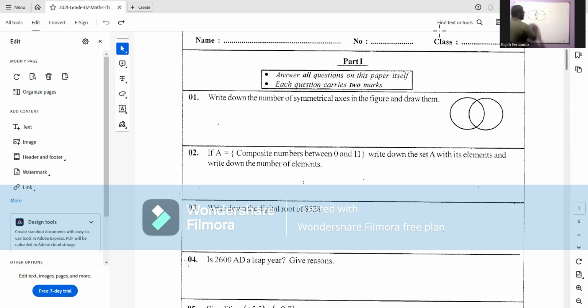But I need to mention, if you are asked to draw the symmetrical axis, you can't just draw this portion. You have to draw these portions also.